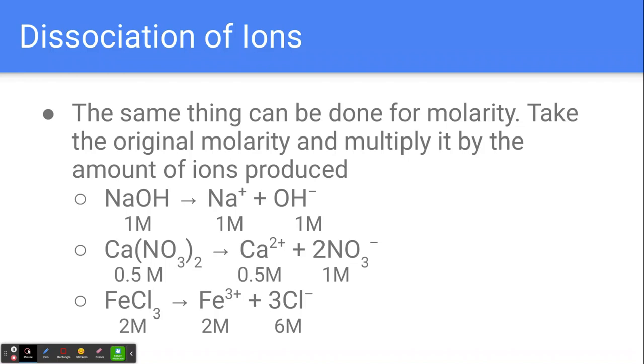You're going to get a half molar of calcium ions, but we're going to get 1 molar of nitrate ions. And then lastly, let's say we made a 2 molar solution of iron chloride. You're going to get 2 molar of our iron, but 6 molar of our chloride. Again, you have to figure out how many ions are going to be produced. You have to take a look at your original concentration and then multiply it by that.